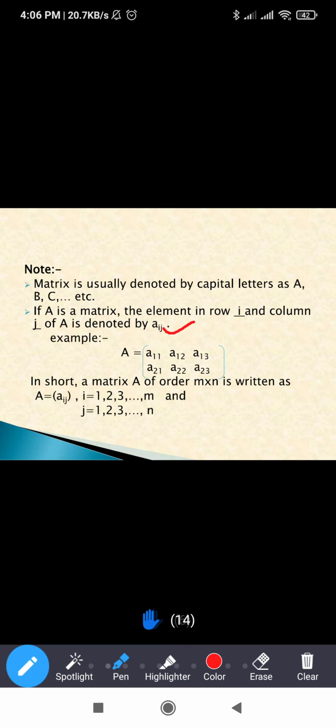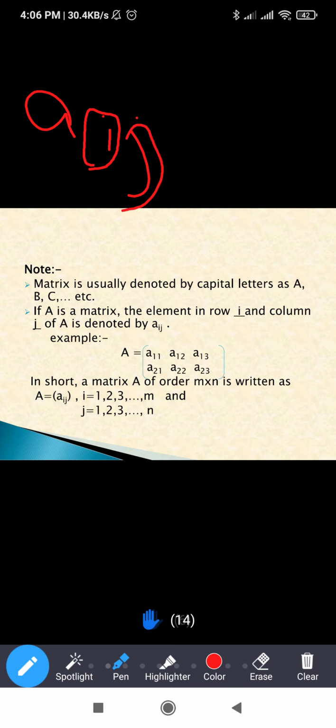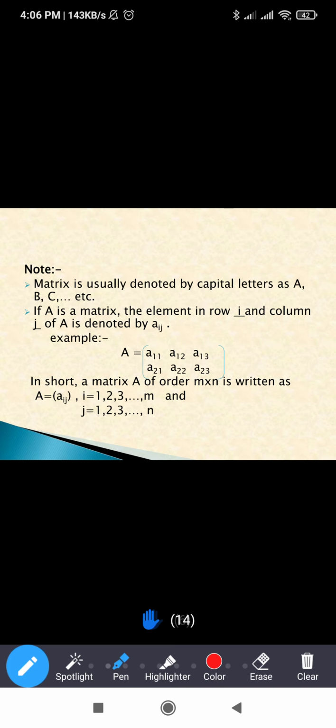Whatever elements or entries are present in a matrix are denoted by Aij, where i means the number of row and j means the number of column. That is the position of the element in a matrix. Aij.